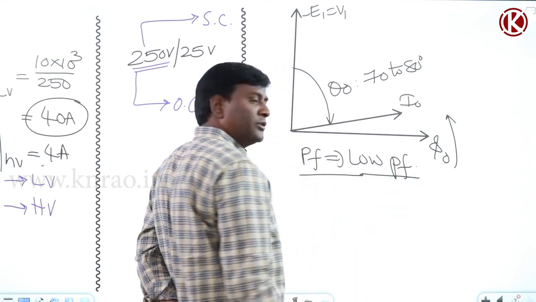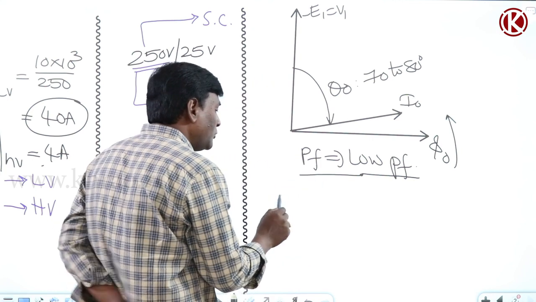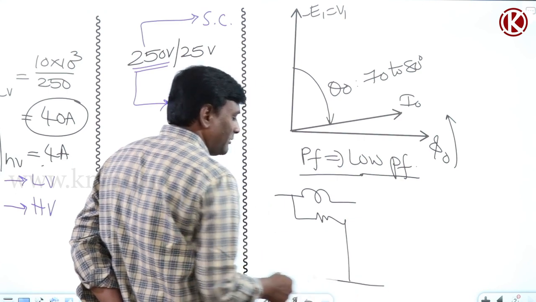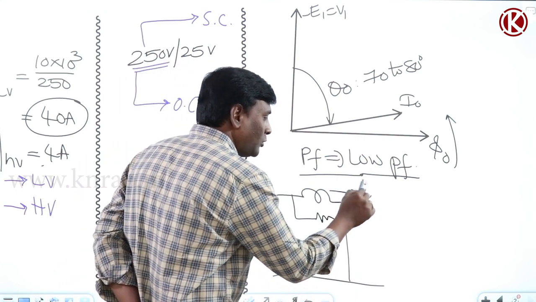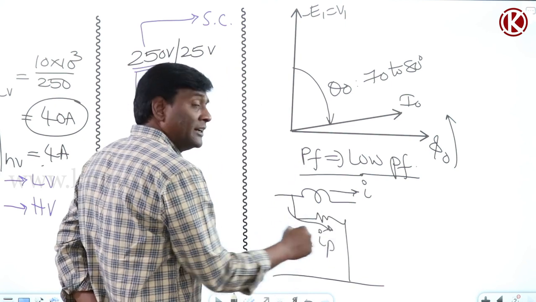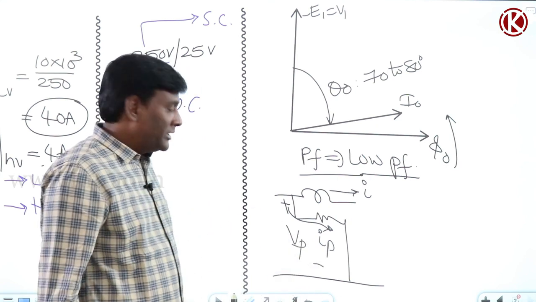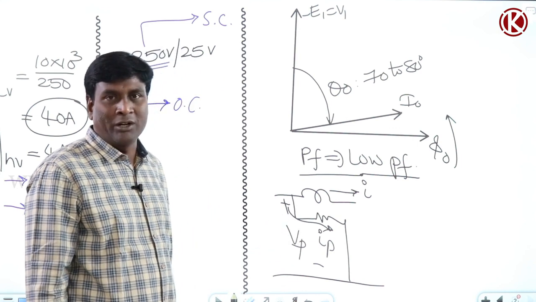In measuring instruments like a wattmeter, a current coil will be there and a potential coil will be there. Through the current coil, current will go, and through the potential coil, potential current will go. As this is more or less resistance only, the voltage across this is Vp, and the voltage across this and the current flowing through this are almost in line in your wattmeter.